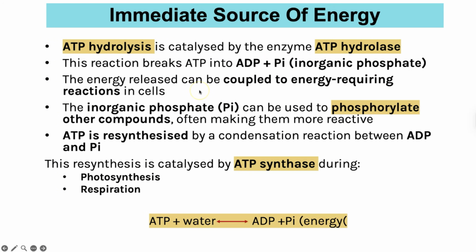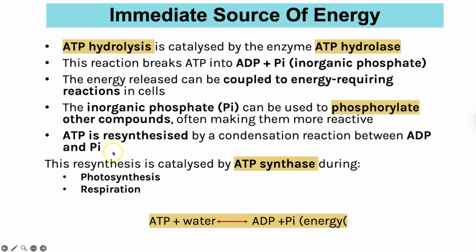The energy released can be coupled to energy requiring reactions in cells, or that inorganic phosphate that's been broken off can be added to another compound, which is known as phosphorylation, and that then makes that new molecule more reactive. That happens at the start of respiration. Glucose gets phosphorylated, and you'll learn about that in topic 5.